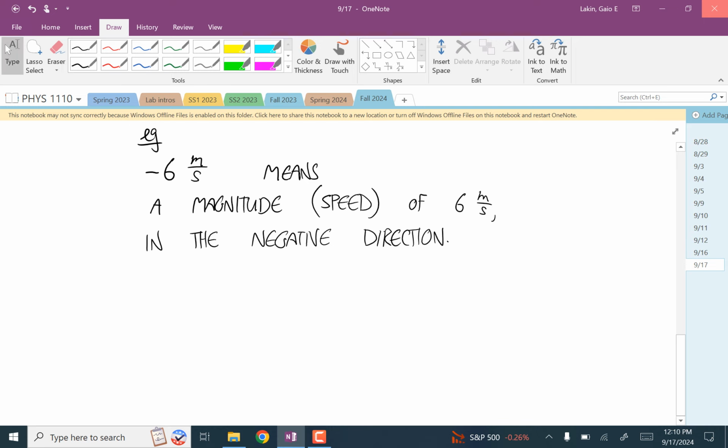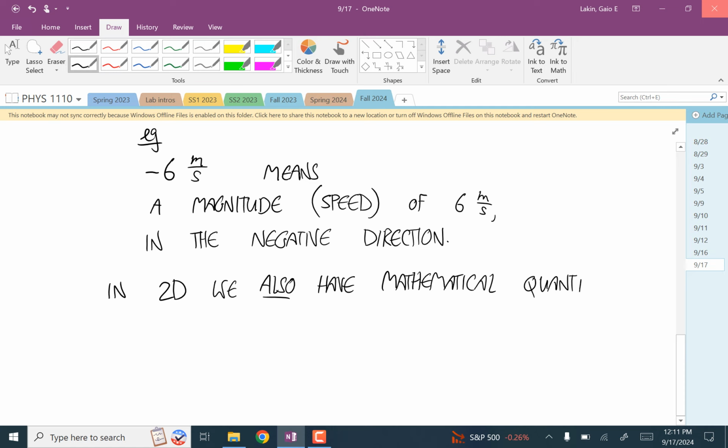Okay. In 2D, we're also going to be working with these mathematical quantities with a magnitude and a direction.